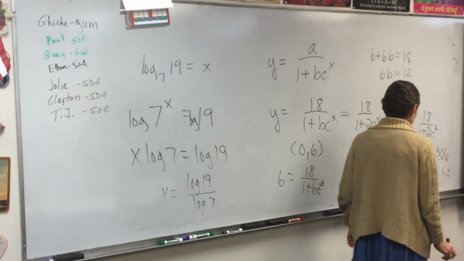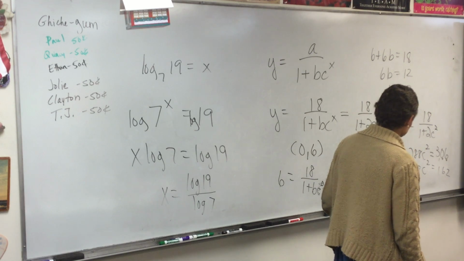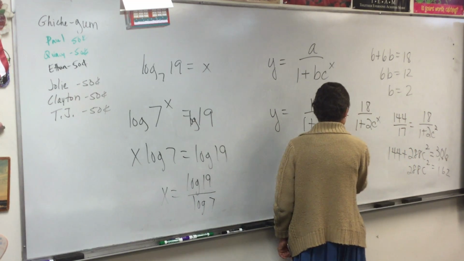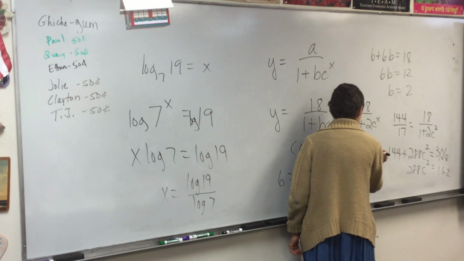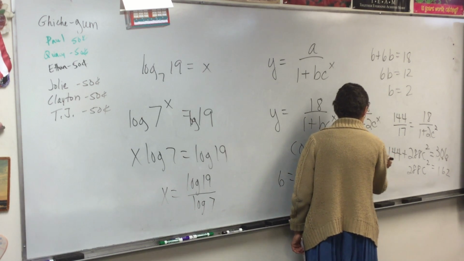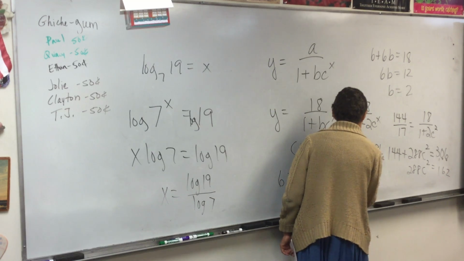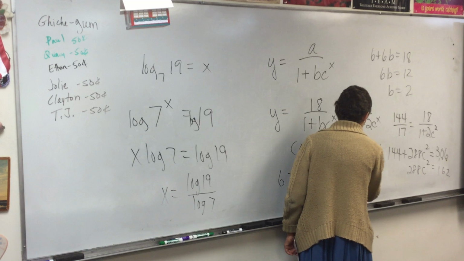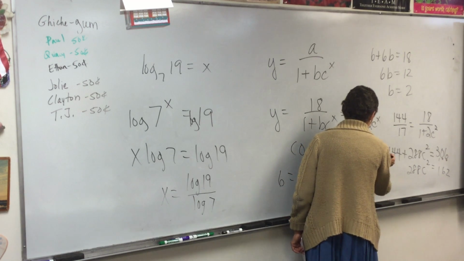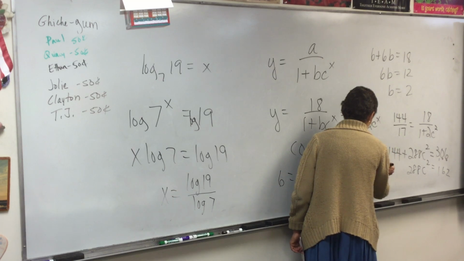So 162, double check my arithmetic. Yeah. So c squared is 162 over 288, which is 81 over 144, which is 9 over 16.